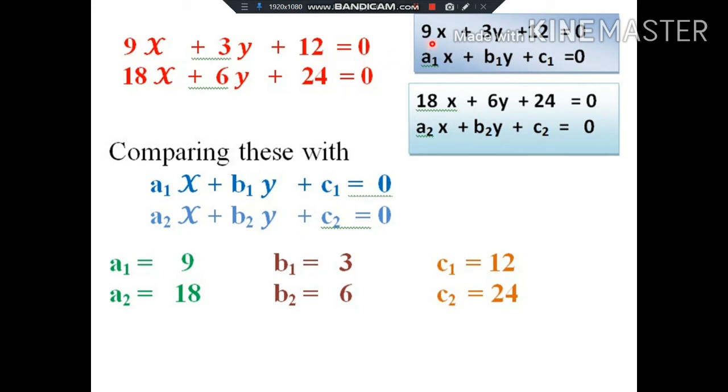Now you compare the first equation 9x plus 3y plus 12 is equal to 0 with a1x plus b1y plus c1 is equal to 0. What do you get? a1 is 9. What is b1? Yes, it is 3. What is c1? Yes, it is 12.